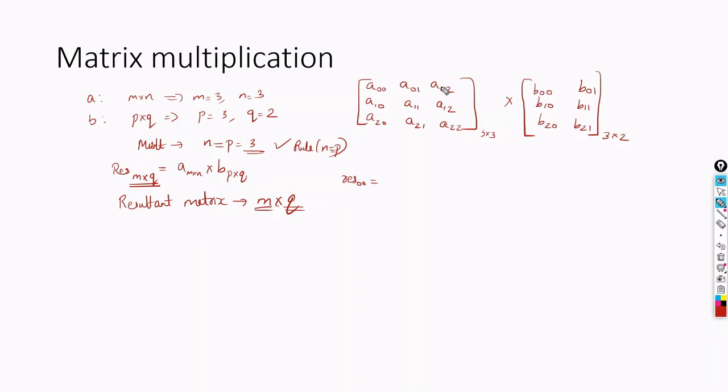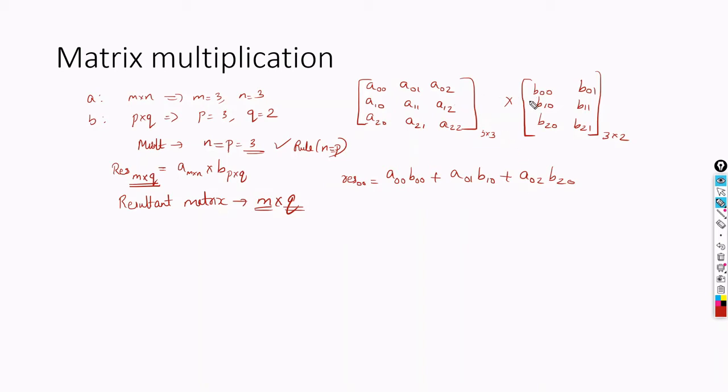I am continuing with the assumption that you know the basic logic of matrix multiplication. So the first row is multiplied with the first column. So to get the first element, it will be A00 into B00 plus A01 into B10 plus A02 into B20. So this is how you get the first element.